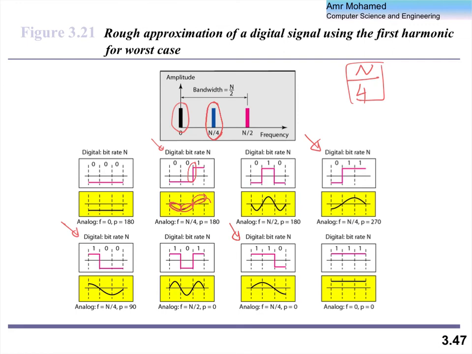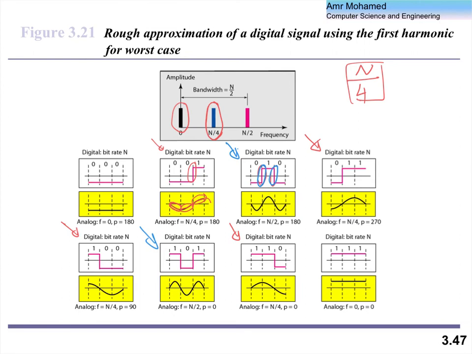Or I have the worst case where I have two changes within the 3 bits. This case is similar to this case. So for these 2 cases, I have 2 abrupt changes.